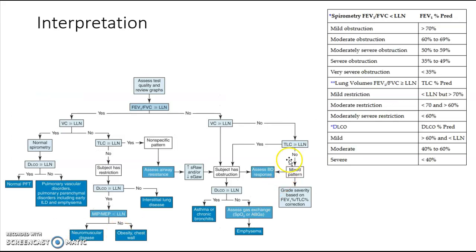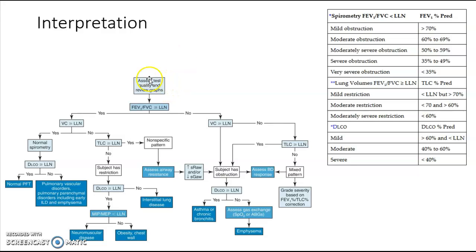Okay, going on to interpretation. This is just that critical thinking tree or decision tree for interpreting, and we had a similar copy of this back in our first week.